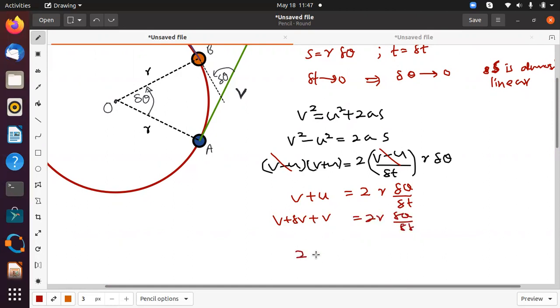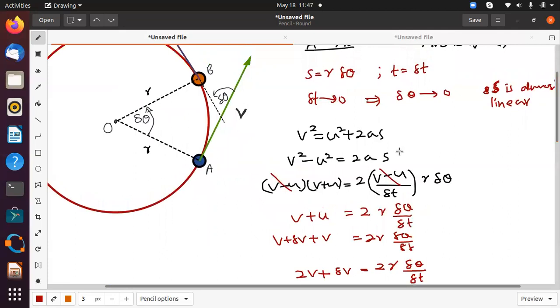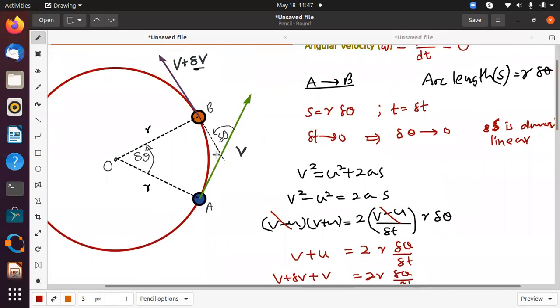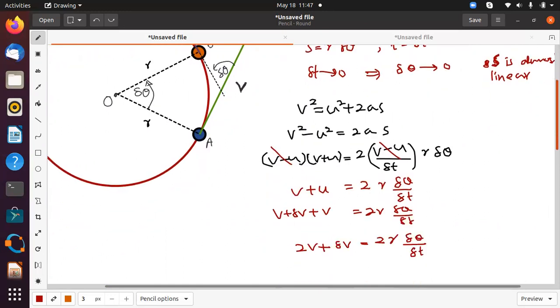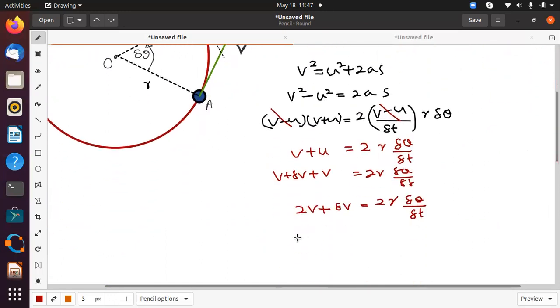So this gives us 2v plus delta v, where delta v is a small change in the velocity, equals 2r delta theta over delta t. We can assume this is true only when the arc length is linear. To make that so, we have to take delta t tends to 0. That means you have to take the limit of both sides.